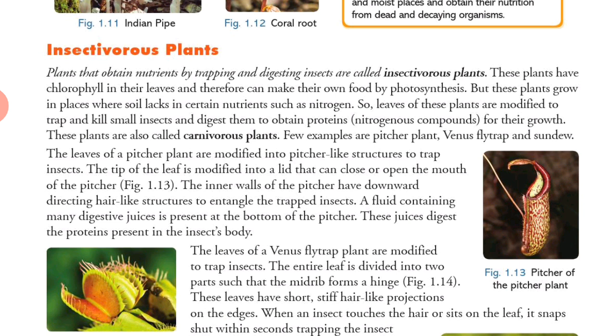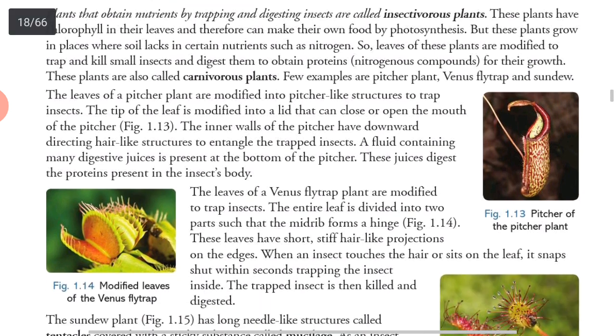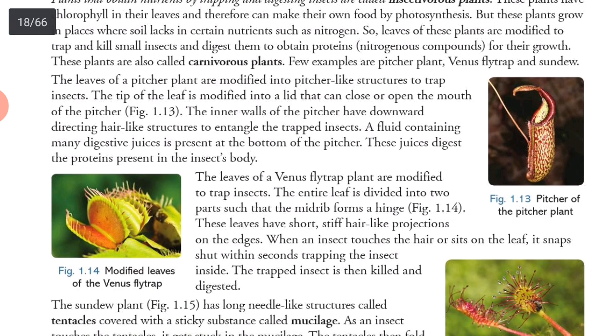Okay, the leaves of the Venus flytrap plant are modified to trap insects. The entire leaf is divided into two parts or lobes such that the midrib forms a hinge, and the leaves have short stiff hair-like projections on the edges.